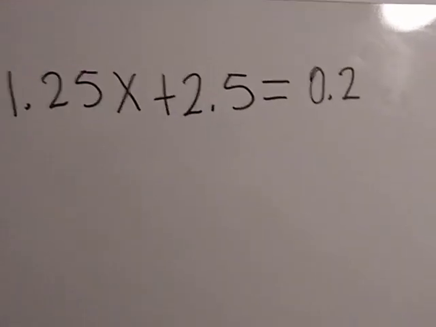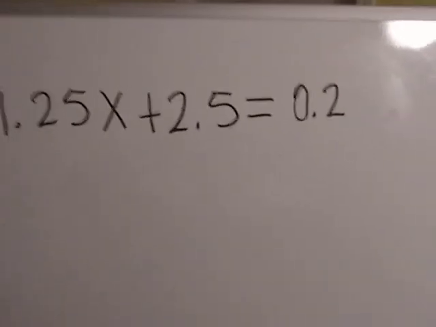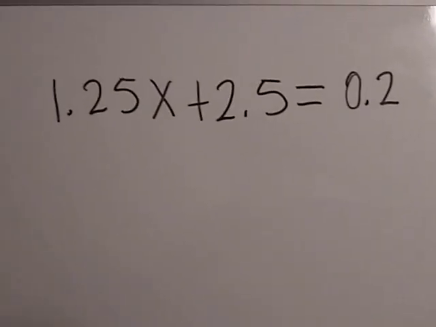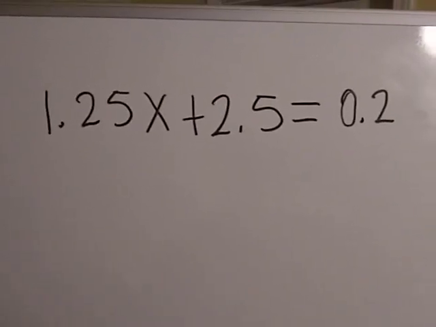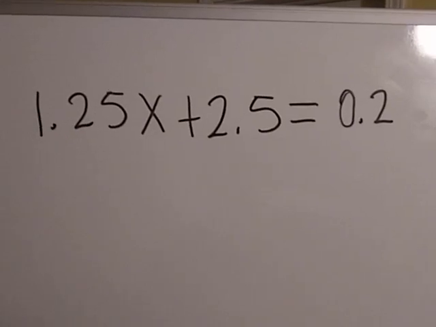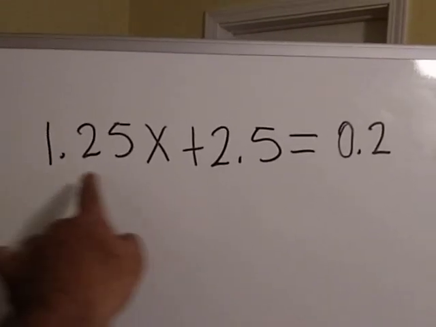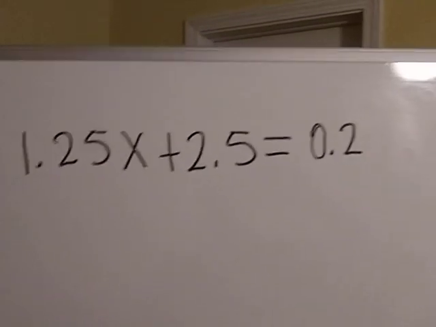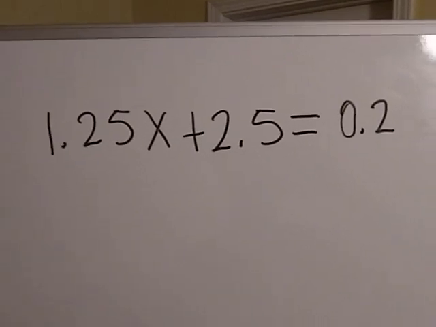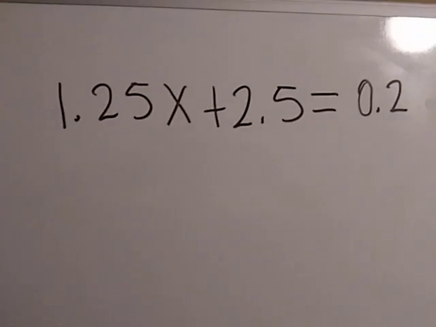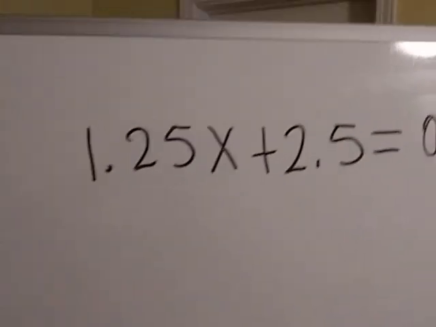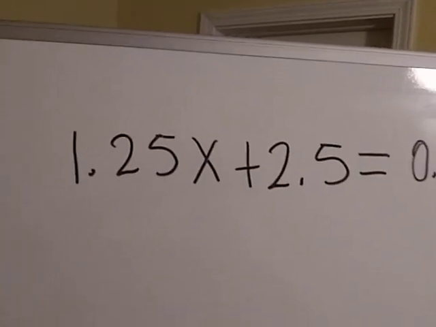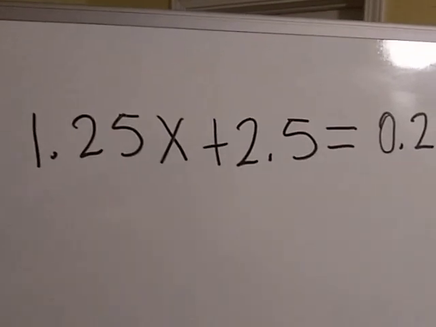In order for us to clear or get rid of those decimals, we need to see what power of 10 we need to multiply the entire equation by. Normally what I tell students is: please look at how many places are on the right hand side of each decimal.